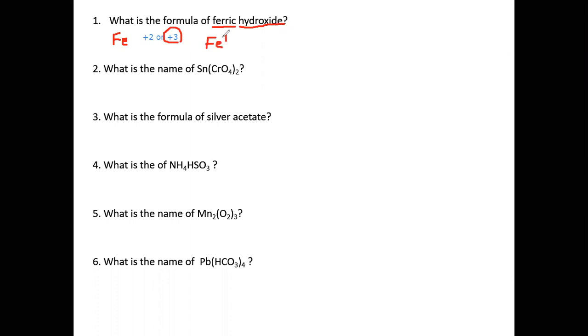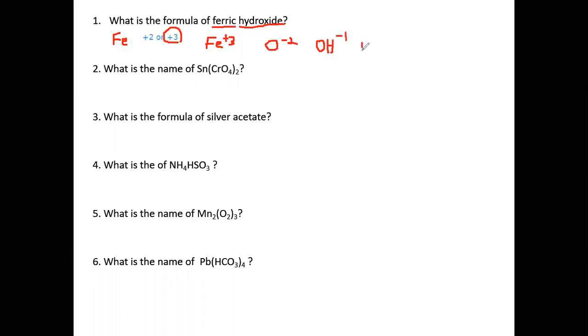Now hydroxide is a polyatomic ion that contains hydrogen and oxygen. If you notice, oxide is a -2 charge. Now hydroxide means that we put a hydrogen onto the oxygen. So when we add a hydrogen, it becomes a -1 charge because hydrogen is +1.